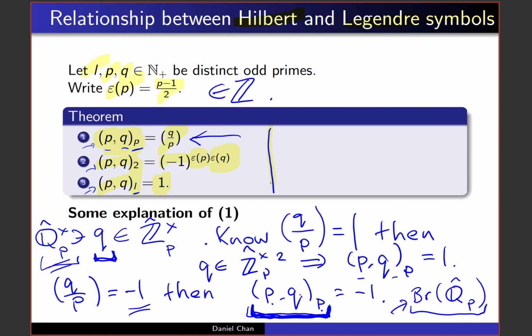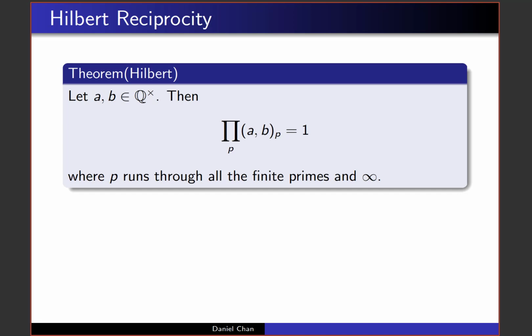And now we're ready to state Hilbert's wonderful generalization of Gauss's quadratic law of reciprocity. Okay, so the form that it takes here is also a formula. Okay, and what we're going to do is, unlike in the previous case of Gauss's quadratic law of reciprocity, we're going to have two non-zero rational numbers, a and b.